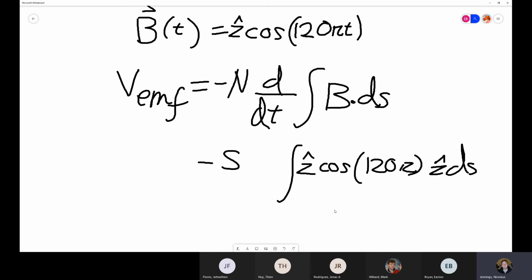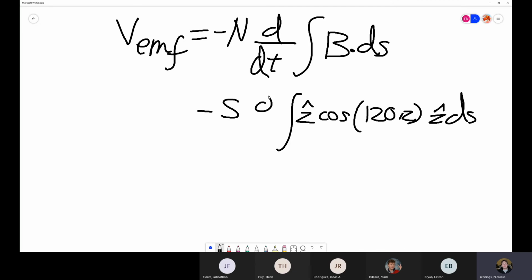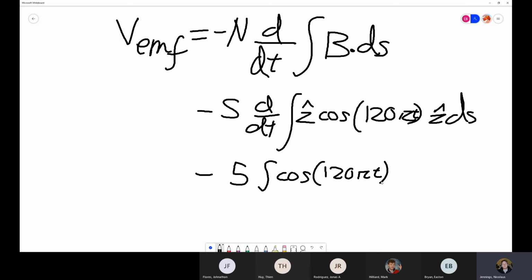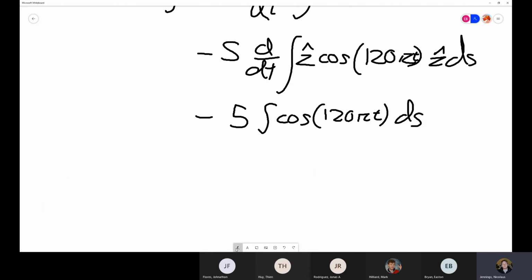The z hats are in the same direction, so you just have d/dt of minus 5 times cosine of 120 pi t dS. I'm forgetting some stuff, sorry. Okay, we can then solve for this. We can then get a surface area term right here, so it's just the area.